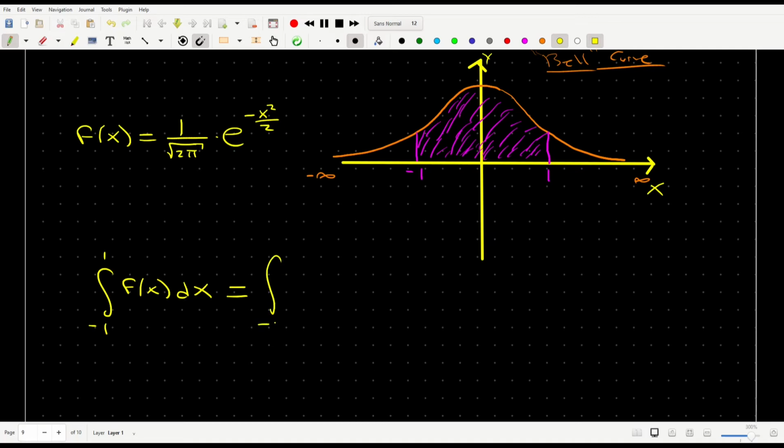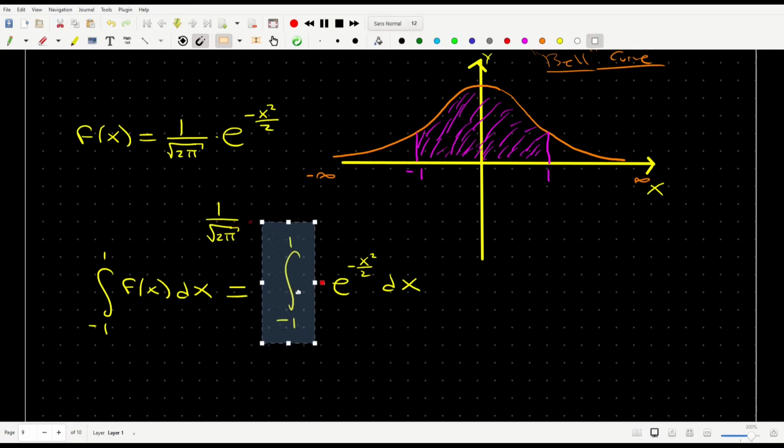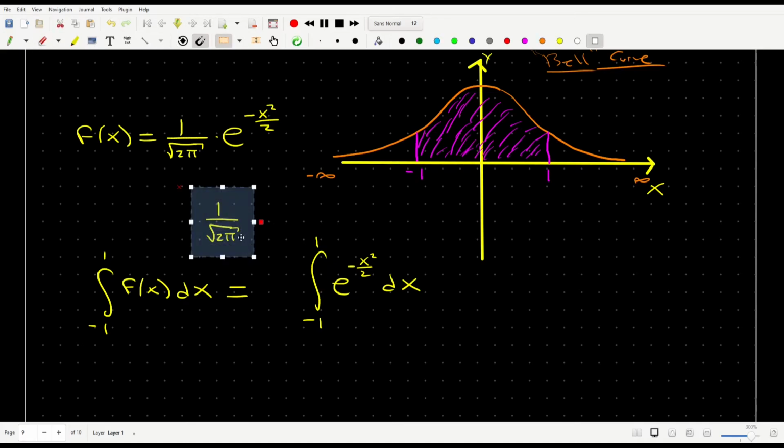And so when we go to evaluate the definite integral from negative 1 to 1 of 1 over the square root of 2 pi times e to the negative x squared over 2, we come up with a problem, because there's no nice way of doing this antiderivative using the standard methods that we know from Calculus 2. So the question is what to do.